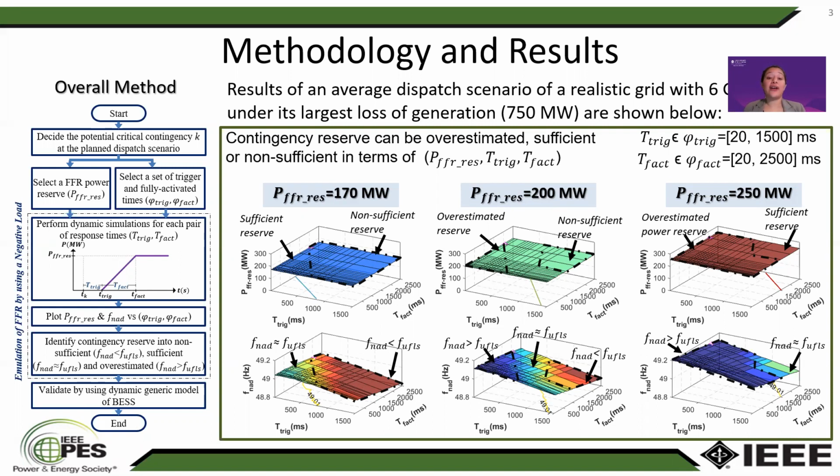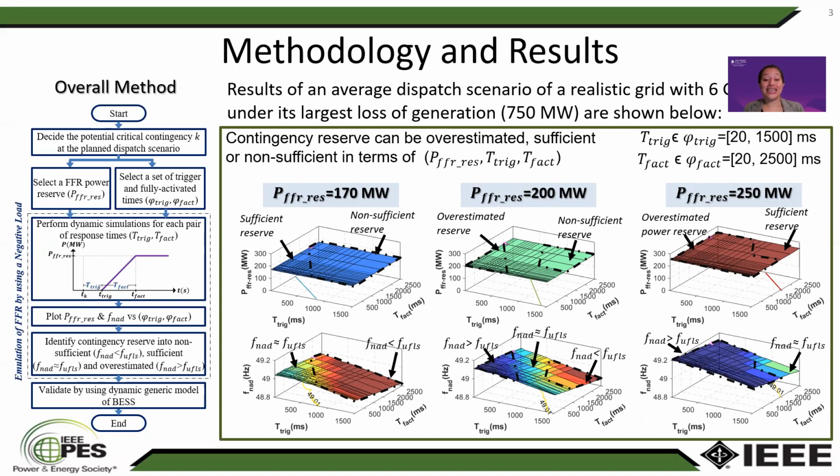So results of an average realistic grid scenario are shown in the right-hand side, while we trip a 750 megawatt generation. We test three different reserves, in this case 170 megawatt, 200 megawatt, and 250 megawatt, with a wide range of trigger and fully activated times.